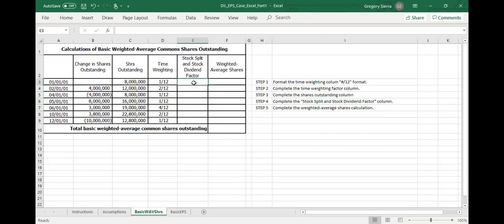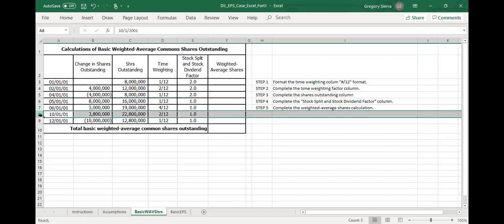Okay, so that would mean, and I'm going all the way through here, and every row below is just 1. But now we also have this stock dividend. Every row above the stock dividend event, multiply by the stock dividend factor.